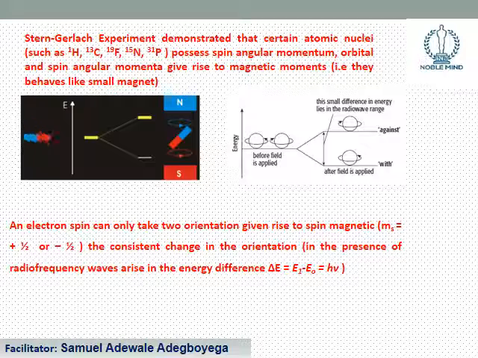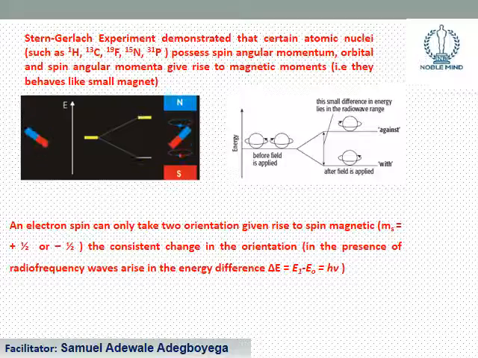So you could also see that before the field is applied and after the application of field, there's a small difference in energy, and this is responsible for splitting of the energy.